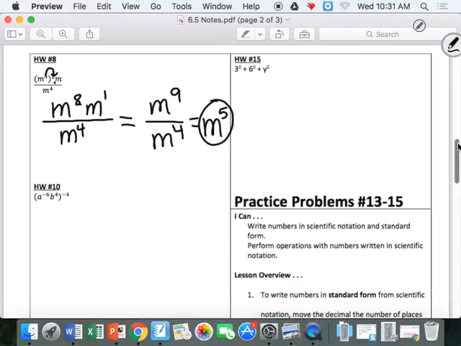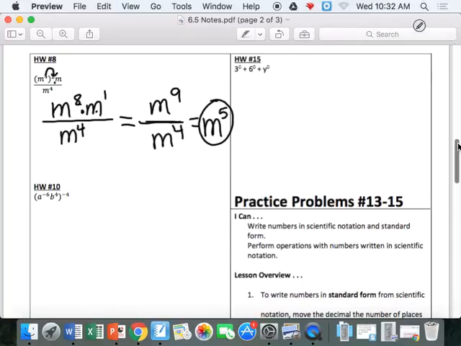It's just these 2 m's multiplied together. So when these 2 m's are multiplied together, I add those exponents. And now there's division between those 2 m's, so then I subtract. So I had to use all 3 rules there on that one. Okay? All right, next one.